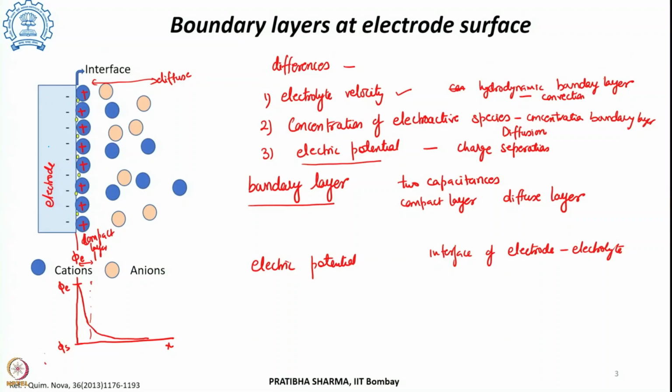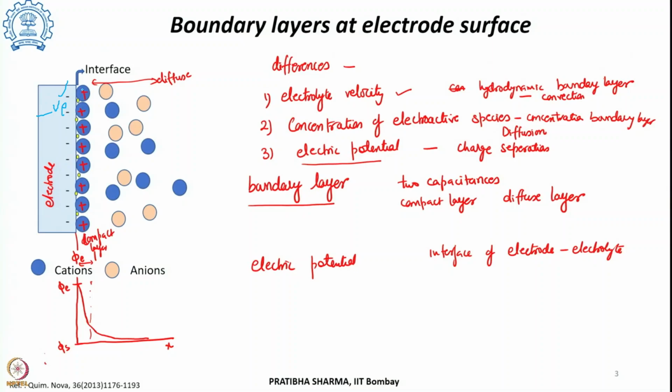Suppose this is the negative electrode or cathode. Cathode means rich in electrons, this is the negative, minus V. This is the electrolyte. The interface means this is the solid and this is the liquid. In between, it is called the interface.